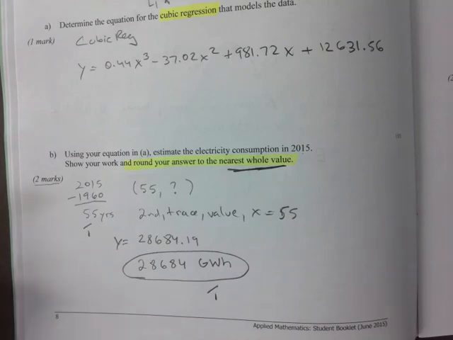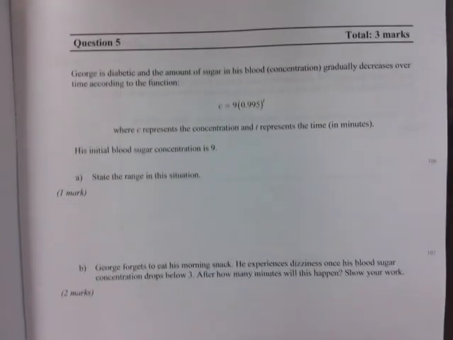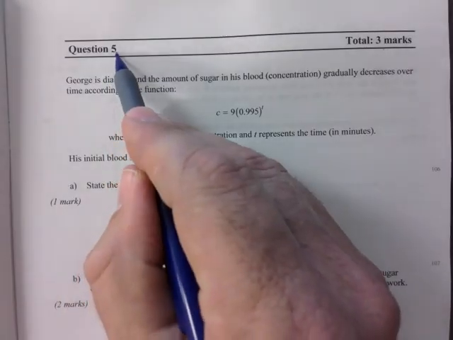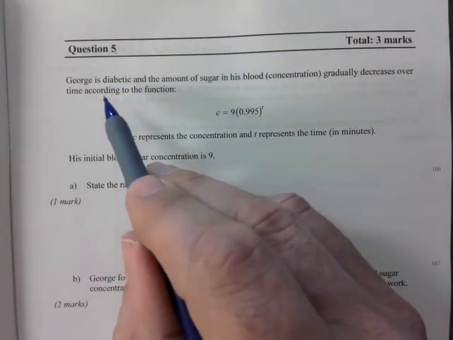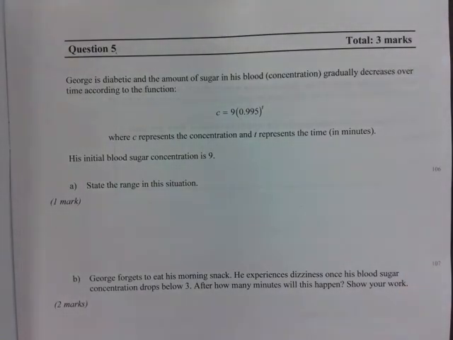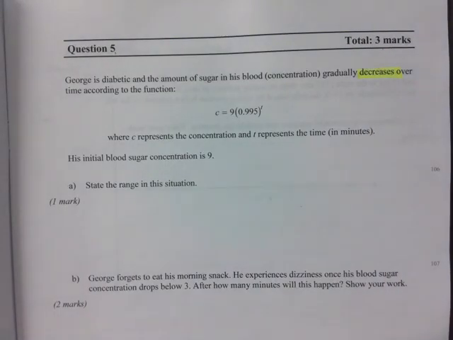Question 5. We're doing okay? Yeah. Question 5. Total of 3 marks for question 5, right? So it's 1 and 2. George is diabetic, and the amount of sugar in his blood, which is the concentration, gradually decreases over time according to the function, where C is the concentration and T represents the time in minutes.